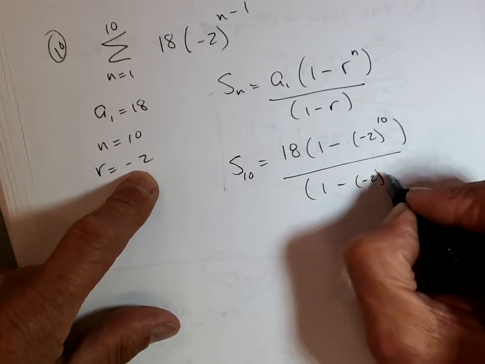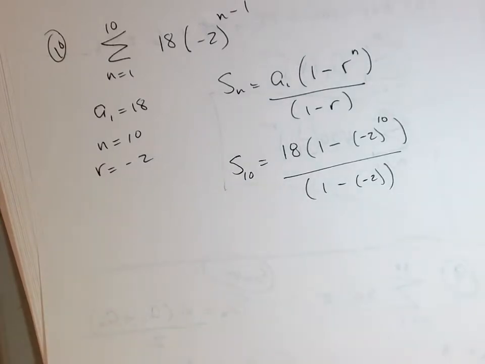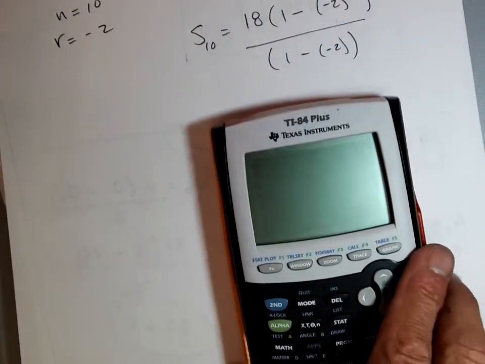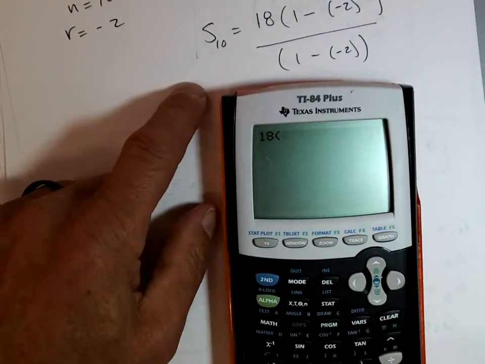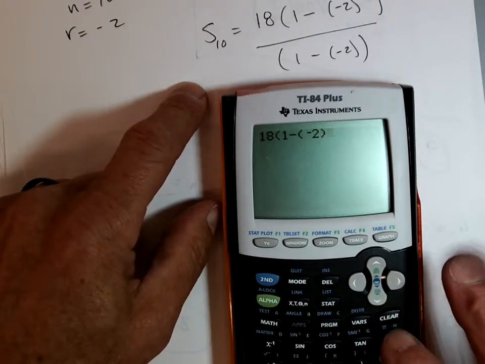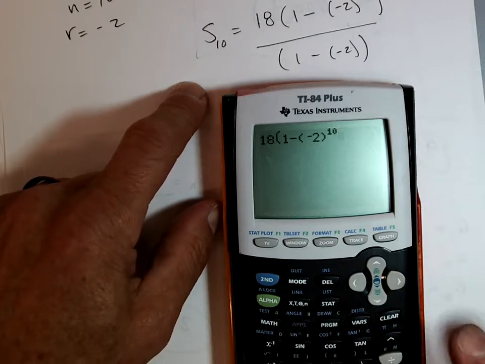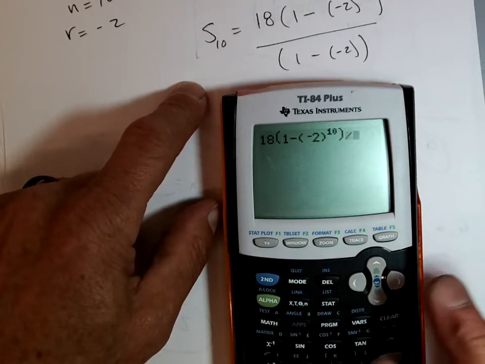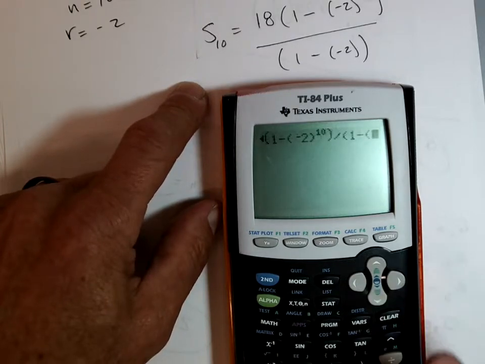divided by (1 minus negative 2). Now, you've got to be really careful with parentheses in your calculator, okay? I will show you on my calculator. Watch how I do it. I'm going to go 18, parentheses, 1 minus, parentheses, negative 2 to the 10th power, parentheses, divided by, parentheses, 1 subtract negative 2, parentheses.